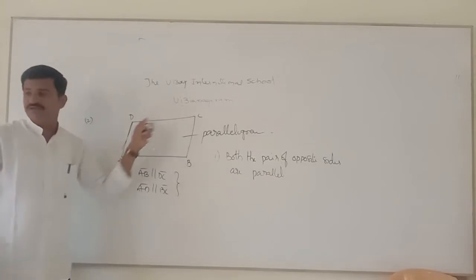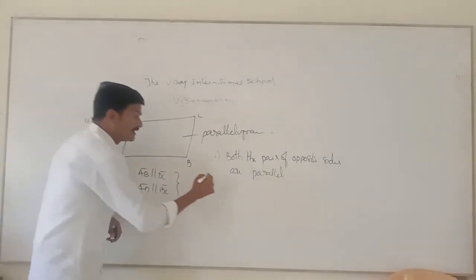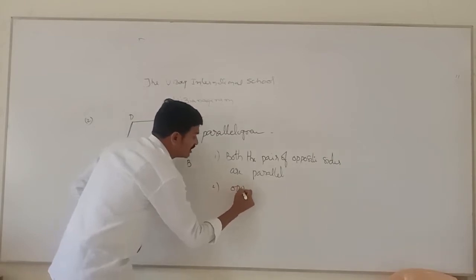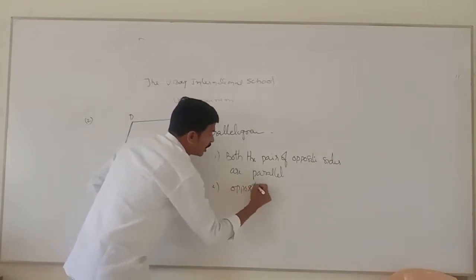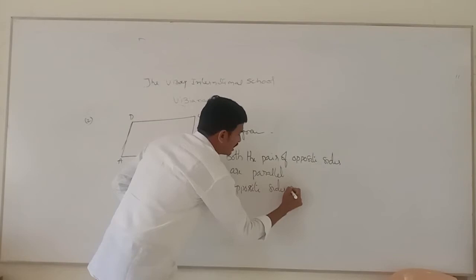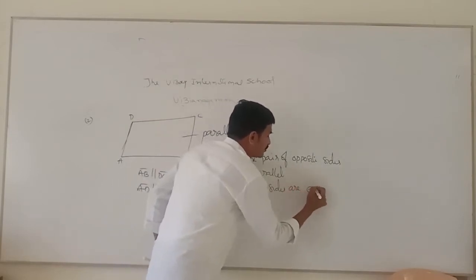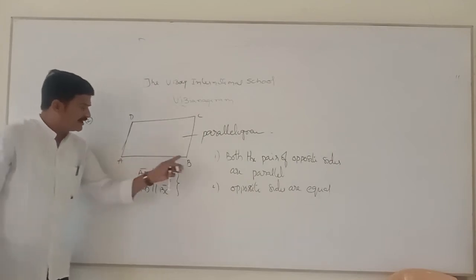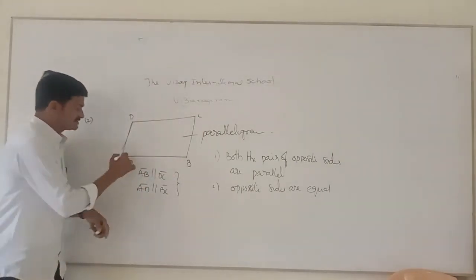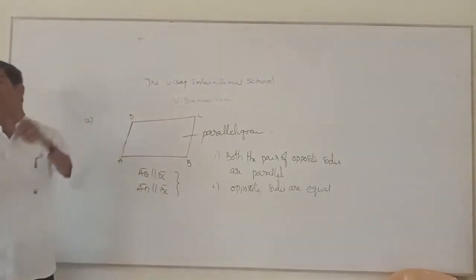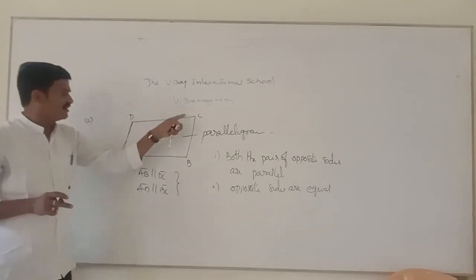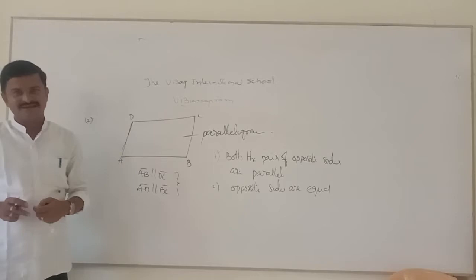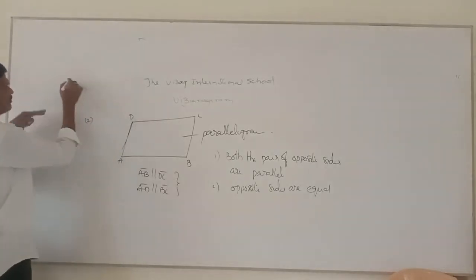The second one is that opposite sides are always equal. What are the opposite sides here? AB and DC. This AB length and DC length will always be equal. If they are not equal, it will not become a parallelogram. It will become just a trapezium then.